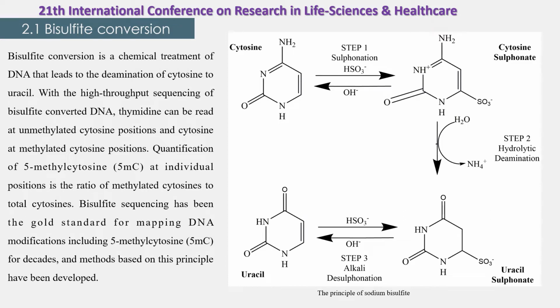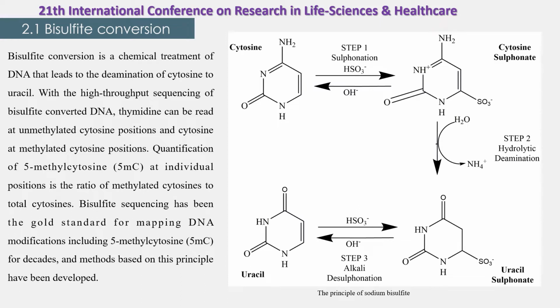Bisulfite conversion is a chemical treatment of DNA that leads to the deamination of cytosine to uracil. With high-throughput sequencing of bisulfite-converted DNA, thymidine can be read at unmethylated cytosine positions and cytosine at methylated cytosine positions.